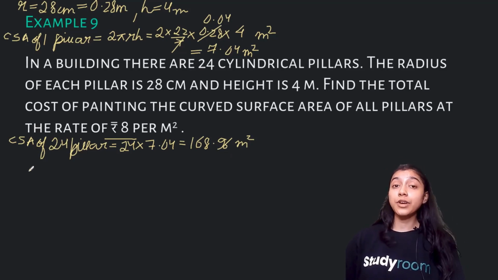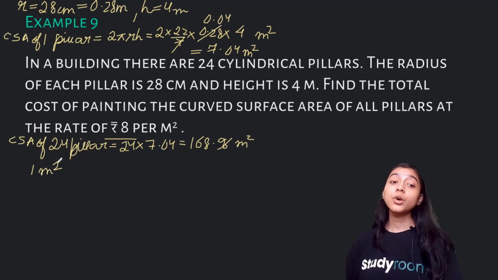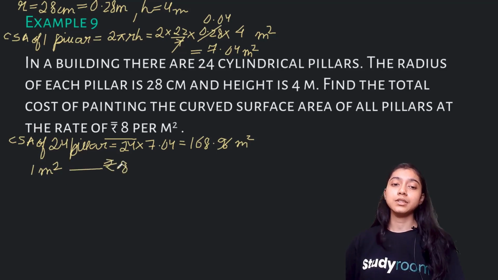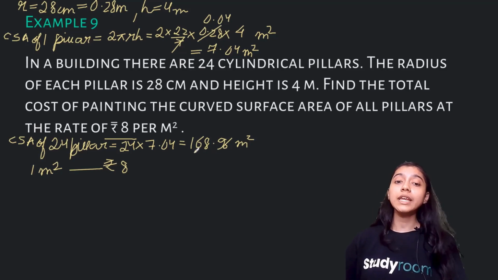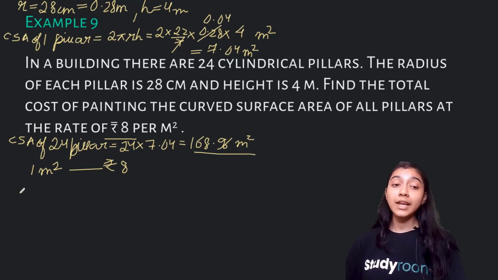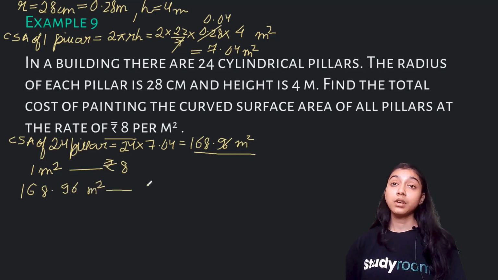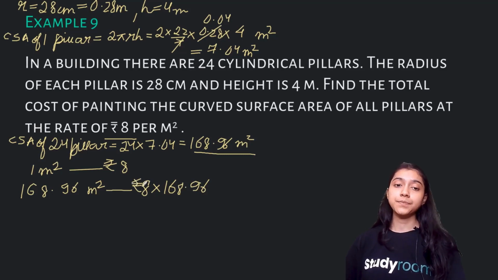Now the information that has been provided to us is that for 1 meter square area, the cost of painting is rupees 8. We'll be using unitary method. So we have to paint the total area of 168.96 meters square. In order to paint this 168.96 meters square area, the cost incurred will be 8 multiplied with 168.96 rupees.